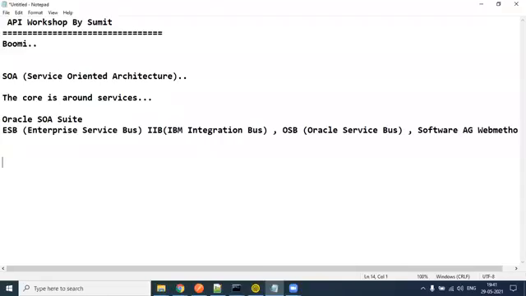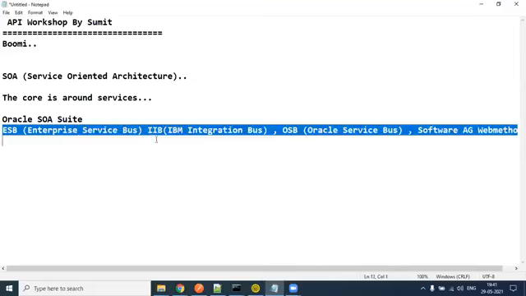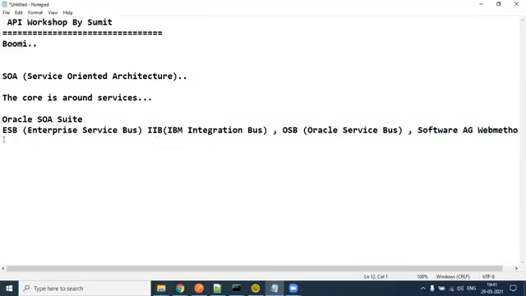ESBs are the software which helps in achieving integration following service oriented architecture. Whenever we talk about any ESB, which acts as an integration layer among different applications of the enterprise, they typically follow service oriented architecture.